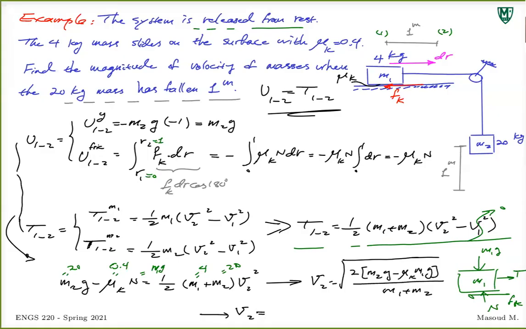So you can find your velocity. I got it right here, 3.878 meters per second. That would be your velocity.